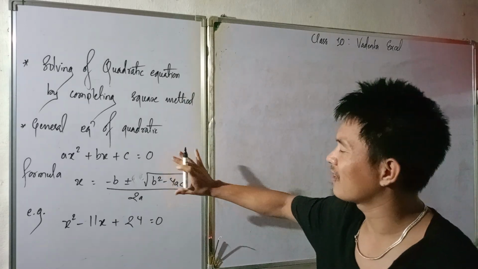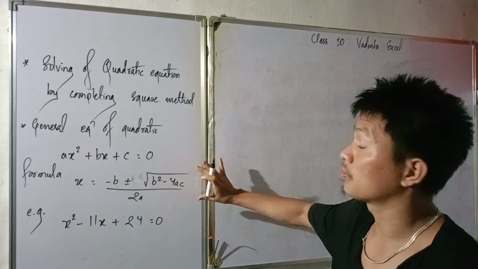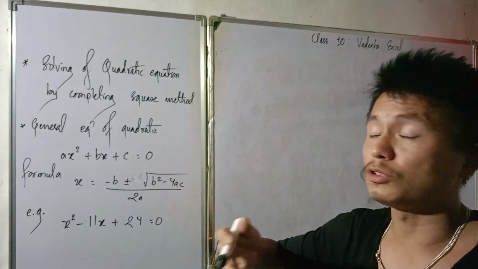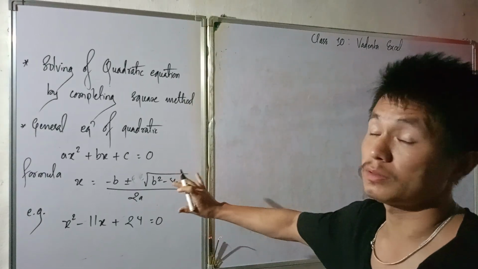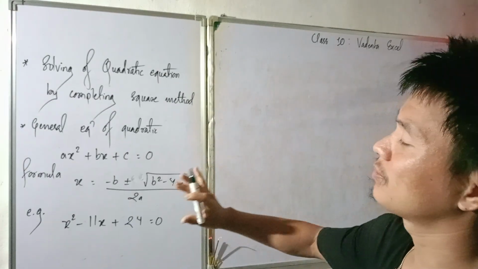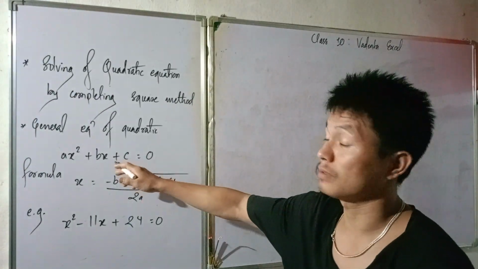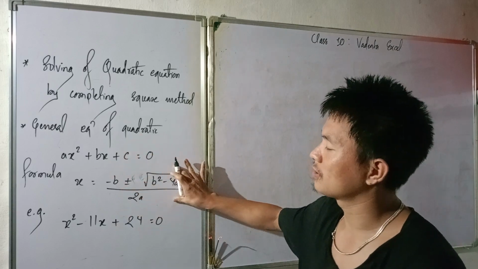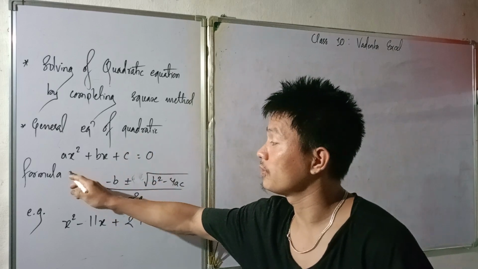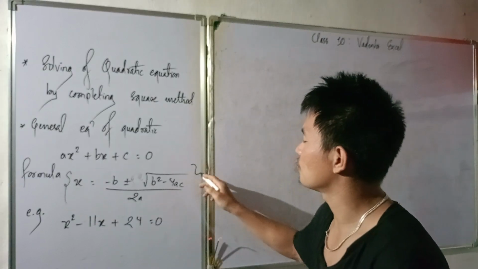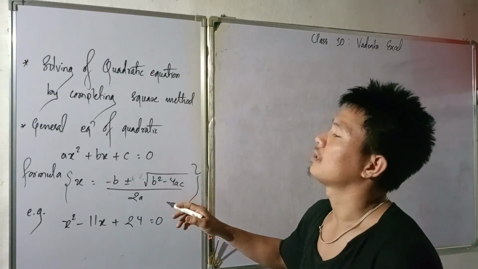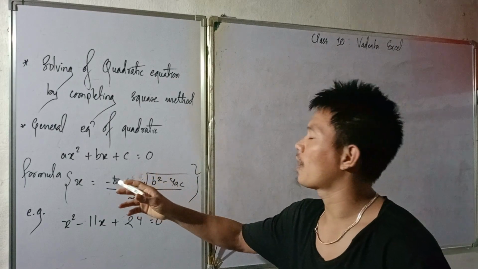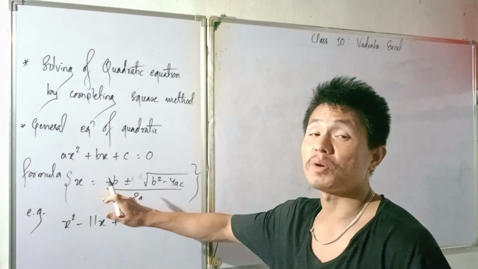Just analyze how it is derived, no need to focus too much on it, but for your convenience I'm deriving it. Later you can use this, it is also a very important formula. So today's part is I'm just trying to derive this formula.